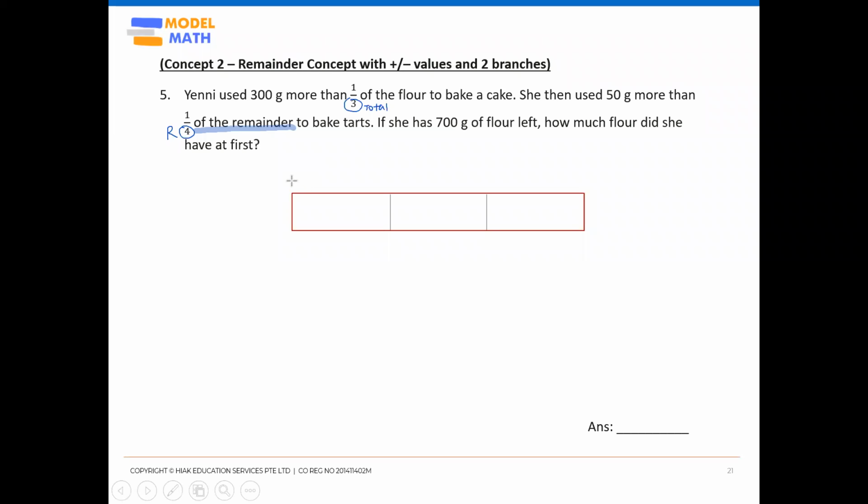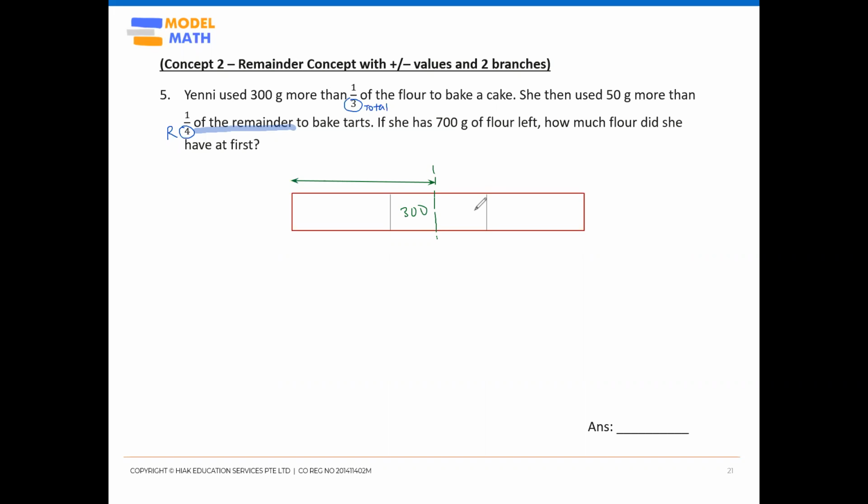So some of you can see that, okay, I have 1 unit with another 300 grams. You see, 1 unit with an extra 300 grams. Then you can draw the dotted line down and you will be able to figure out this is your 300. I understand there's confusion because some of you are not sure whether your 300 goes on the left-hand side of the dotted line or the right-hand side.